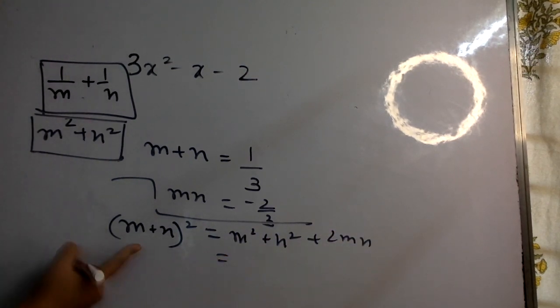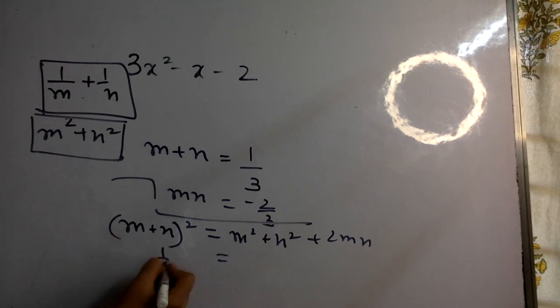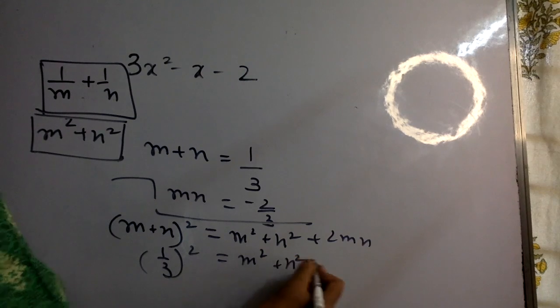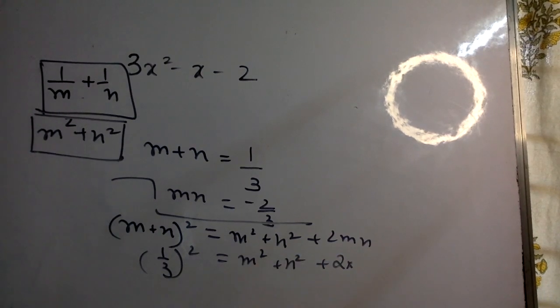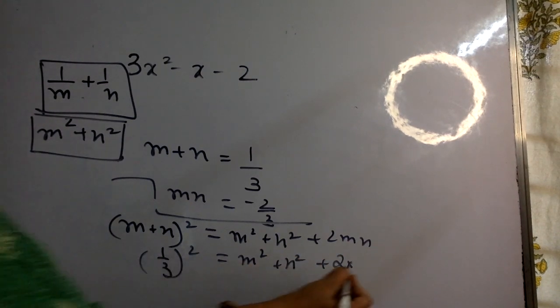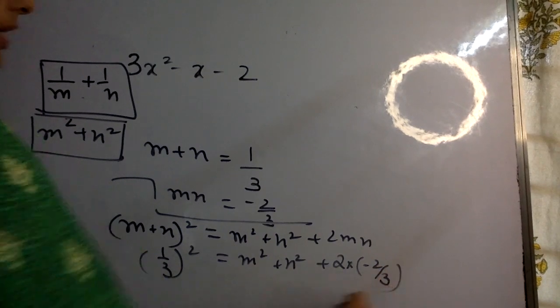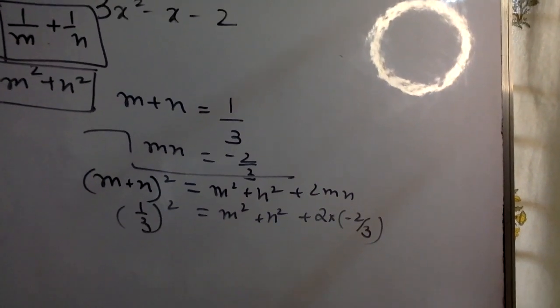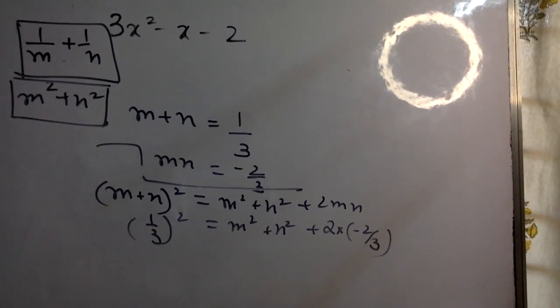That gives me m plus n is 1 by 3 whole square, and this will be left as it is, plus 2 into mn, which is minus 2 by 3. So that gives me a minus 4 by 3.